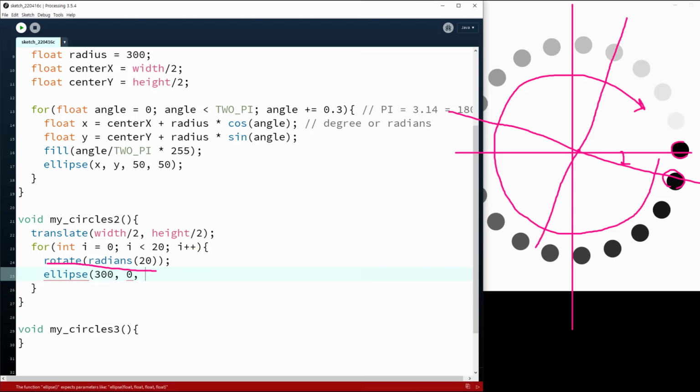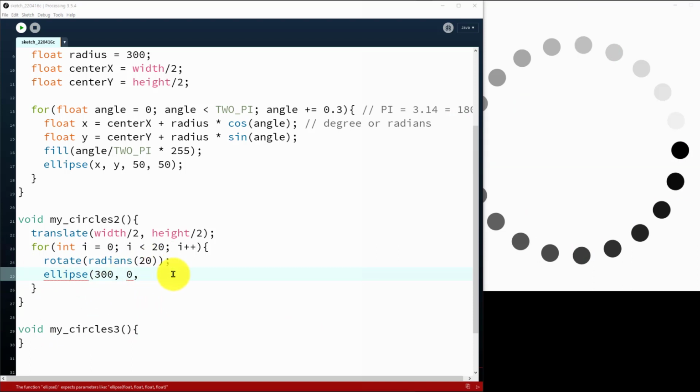This is the new coordinate, right? So after rotating, y is still 0. So just draw this ellipse at 300, 0, and it will draw these new circles.